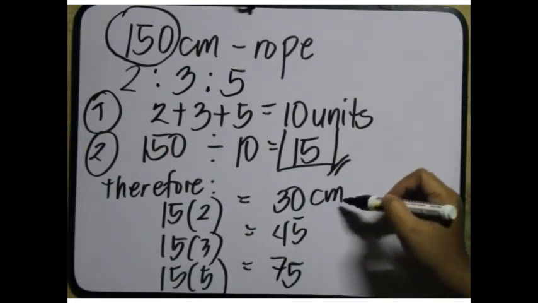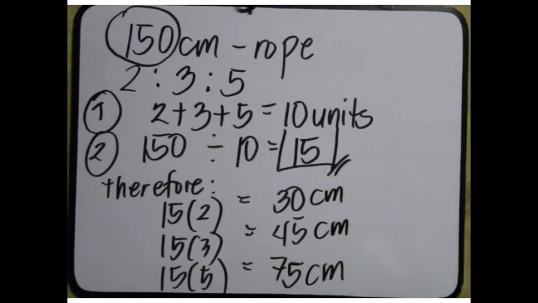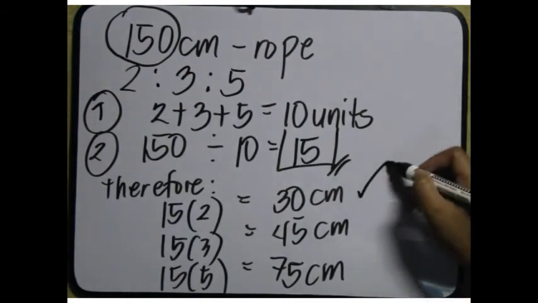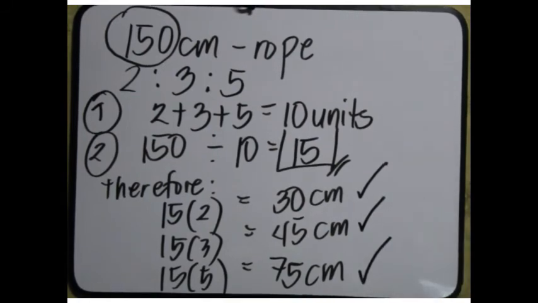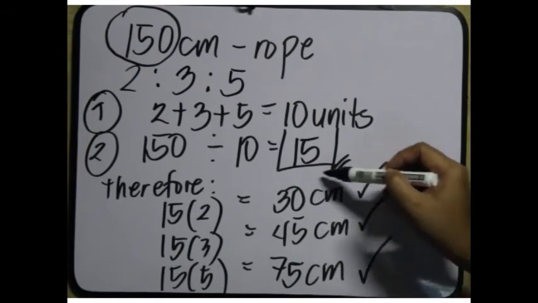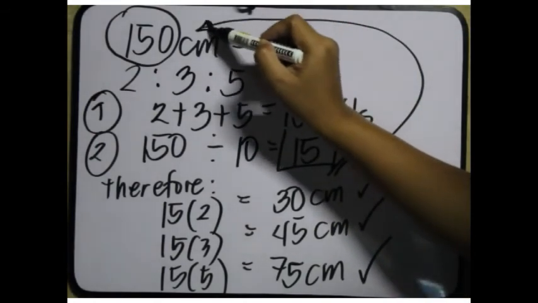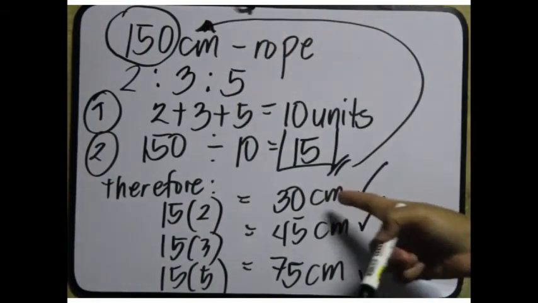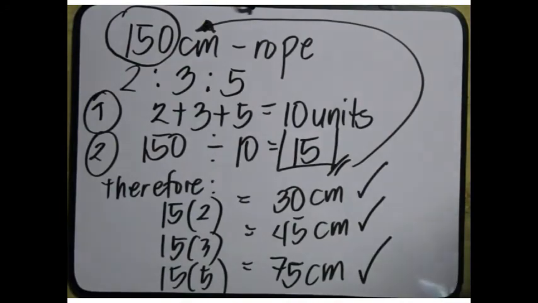So we need to put the centimeter unit. Now we conclude that the length of each part is 30 centimeters, 45 centimeters, and 75 centimeters. If we add these 3, that would total 150 centimeters. If this is not equal to 150 centimeters, then your answer is incorrect.